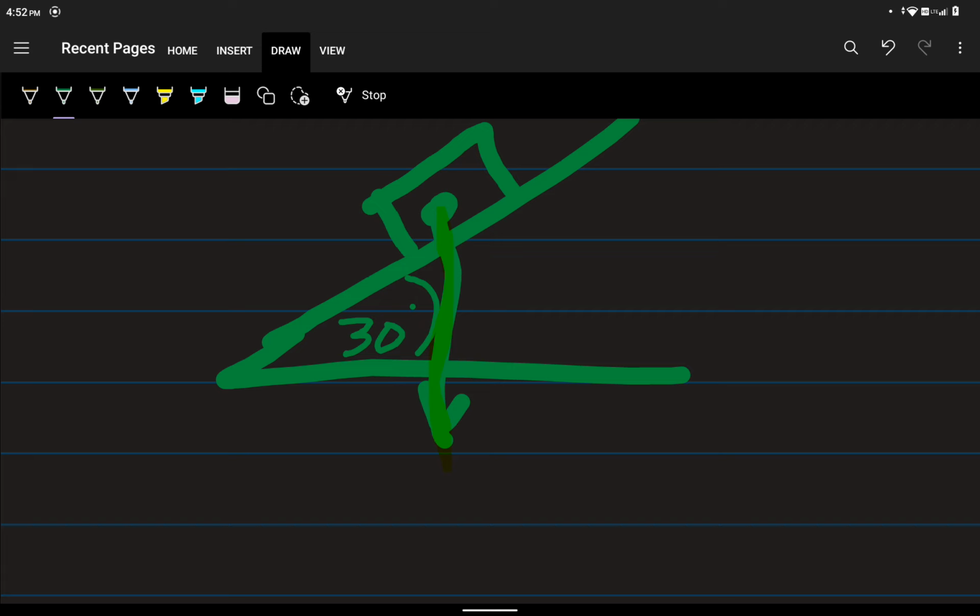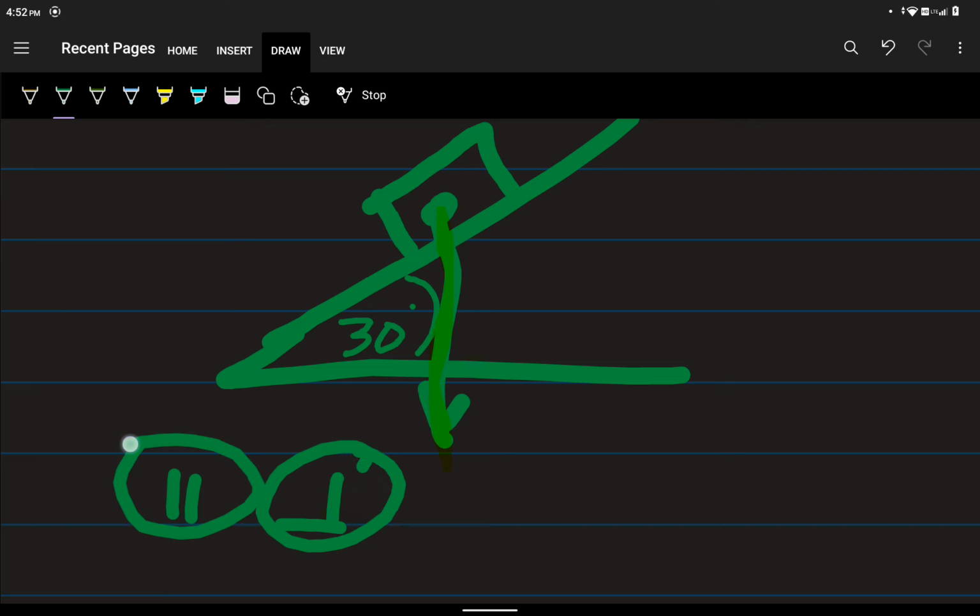Not horizontal and vertical, because in this scenario it'll be irrelevant, but your perpendicular and your parallel components, where this is your Fg perpendicular, and this is your Fg parallel, right?